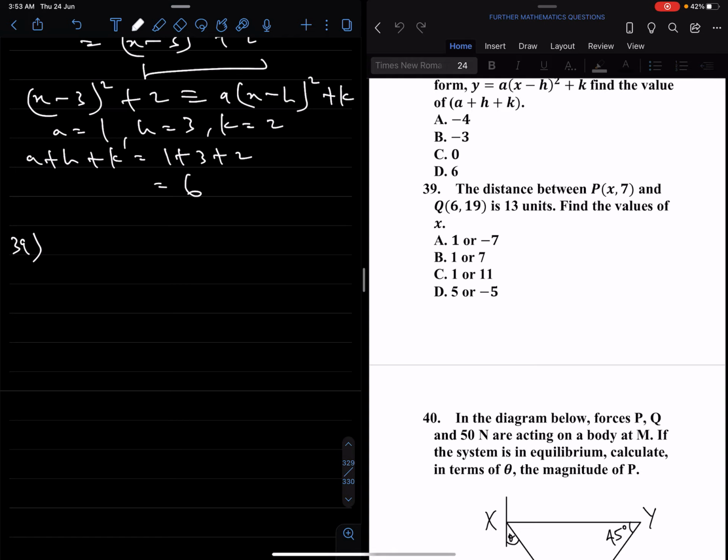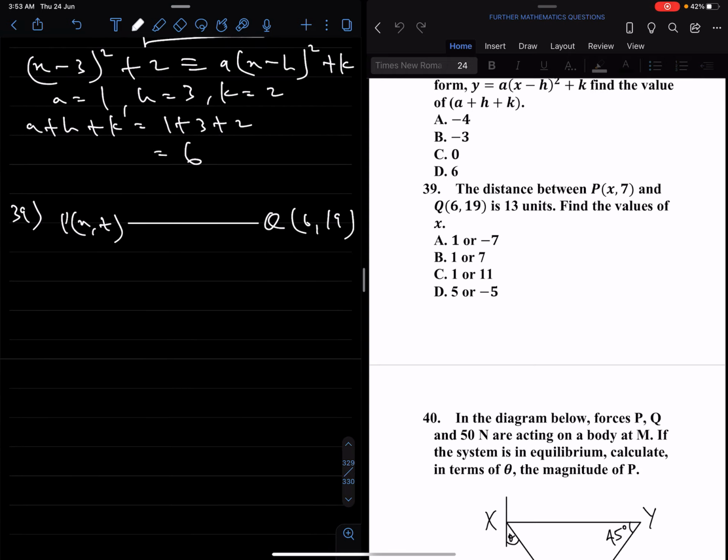Now straight to the next, which is number 39. Number 39, the distance between the points P with coordinates (x, 7) and Q with coordinates (6, 19) is 13 units. Find the value of x.